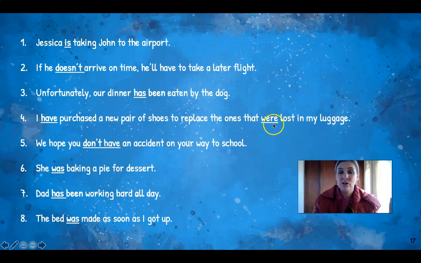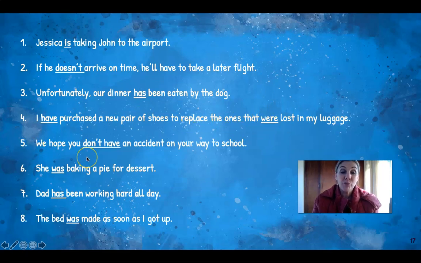And then the ones that were, not was, lost, okay, because remember we're talking about plurals. The ones, the pair of shoes, the ones shows plural, so you can't say ones has, they've both got S's. So the ones that have or were, not was, lost in my luggage. Sorry, I was talking about a different word there, wasn't I?